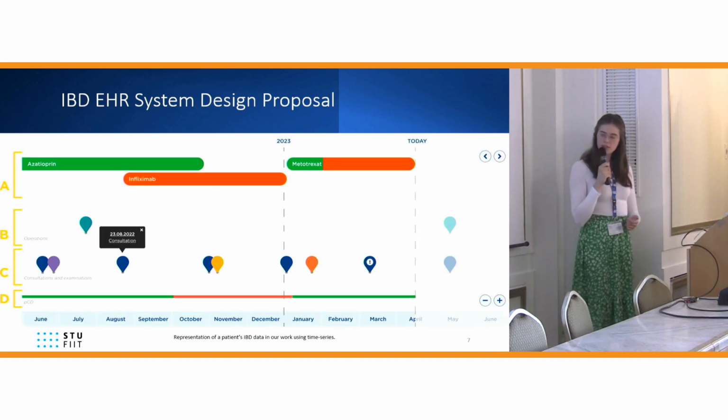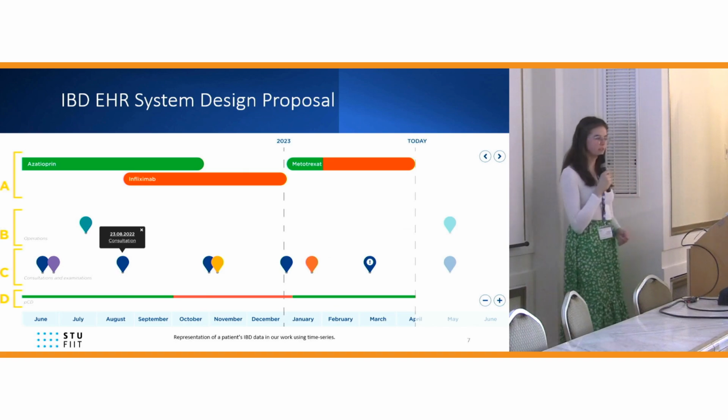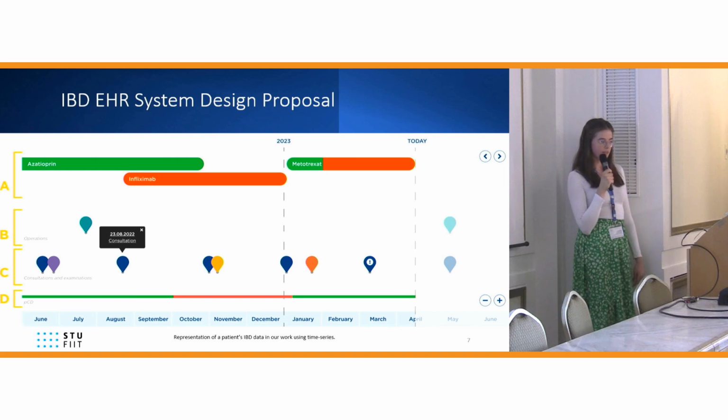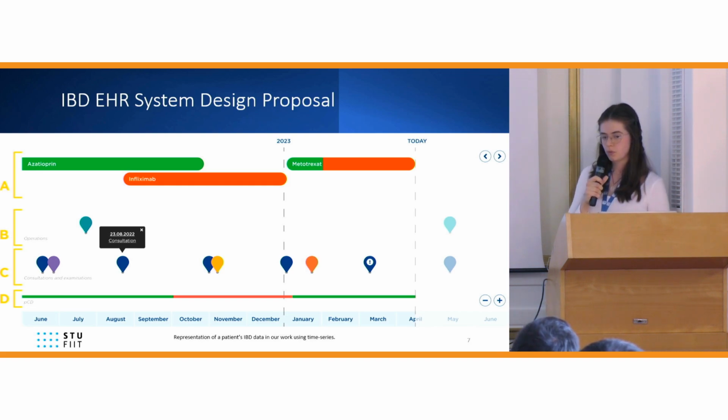In order to make the data representation more suitable for domain experts, we used advanced visualization developed in direct collaboration with them. This timeline is based on design 3, which I mentioned before, but it's extended with domain-specific parameters which were needed for better data reading.